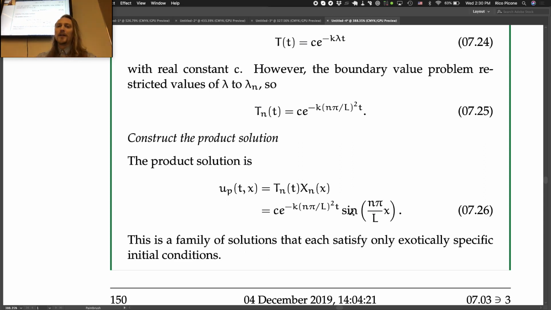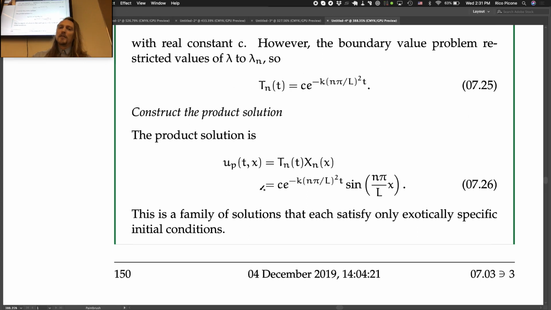Look, it's just sine, so when time is equal to 0, this exponential is 1, and as long as we can multiply this by some constant to match the initial condition, we're good. But that's very exotic, right? That doesn't happen very often, where our initial condition just happens to be a sinusoid at the right frequency for us. That would be rare. So we just happen to find the sinusoid at the eigenvalue frequency, eigenfunction frequency, that we've got.